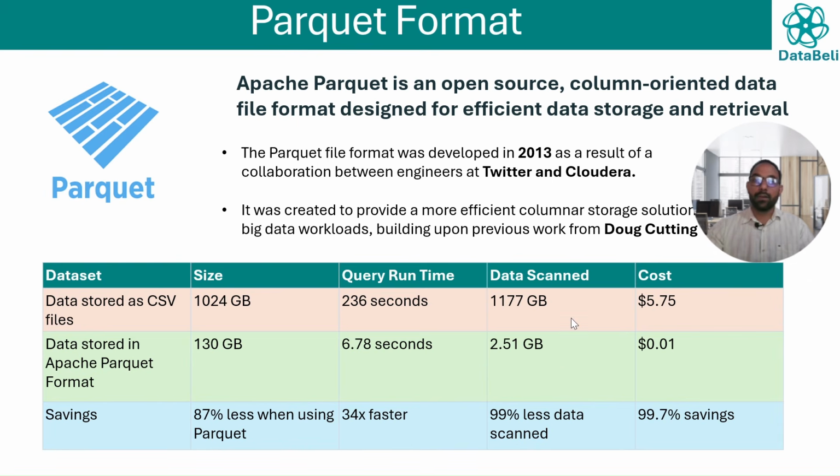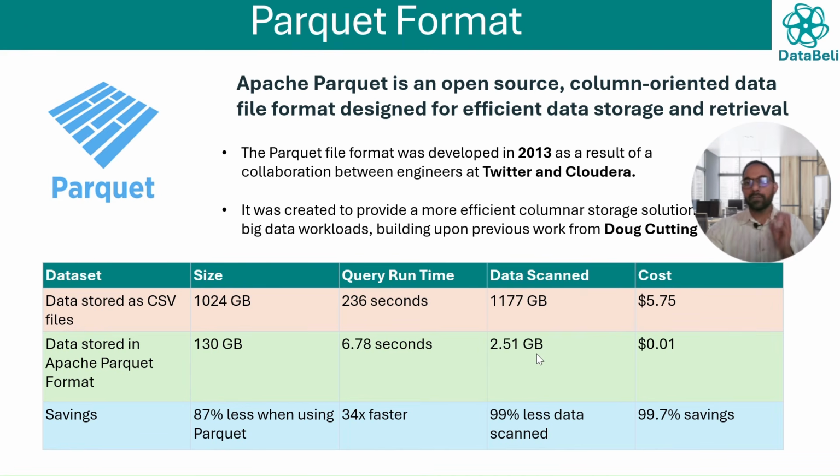And the data retrieval is also very efficient here. So they tried out some queries, and while retrieving the data, when they read it from CSV, it read almost all the data, which is 1177 GB. After reading into memory, the size increases a bit. So it had to read the entire data.